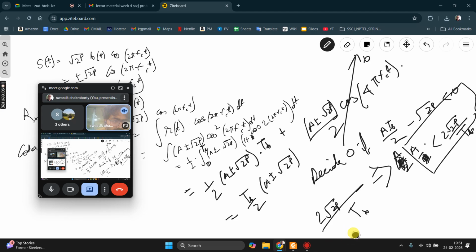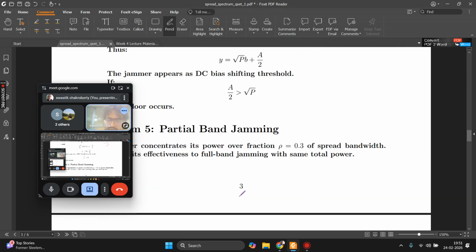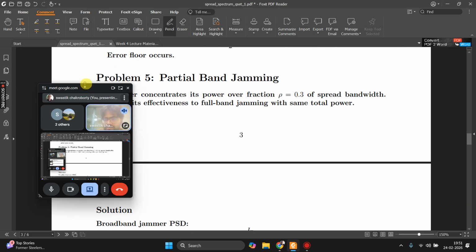In an ideal case, you will have a less than 0, a greater than 0, like that. But here the error floor changes. The threshold has changed to a less than 2 root 2p by TB, a greater than 2 root 2p by TB. So the error floor changes. DC bias shifting threshold changes.